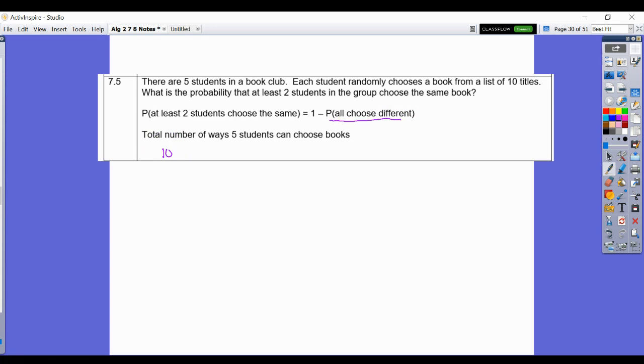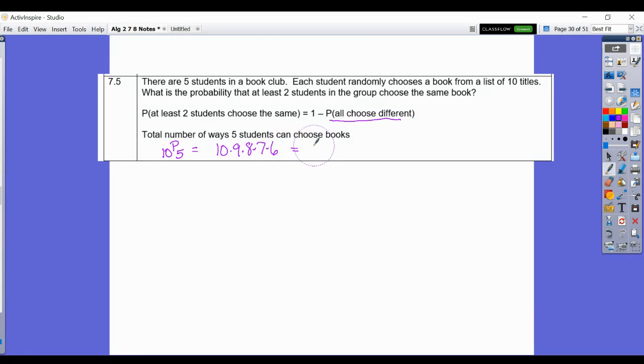Well, we have 10 books and we're choosing 5 of them. And so that is basically 10 times 9 times 8 times 7 times 6. And they would all be different because there's 10 for the first person, and then in order for it to be different, there's only 9 left for the next person.